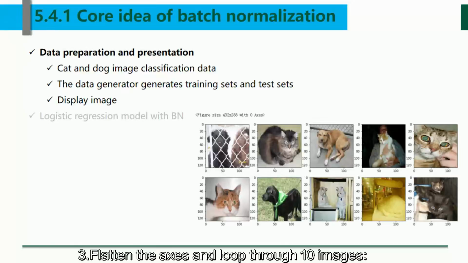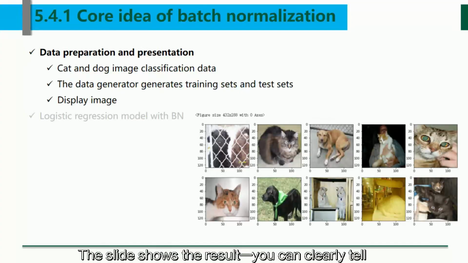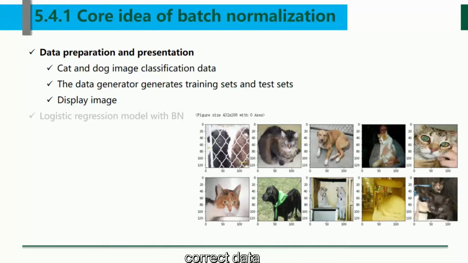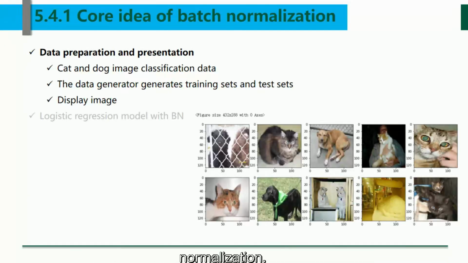Third, flatten the axes and loop through 10 images, ax[i].imshow(x[i]) displays each image. The slide shows the result. You can clearly tell which are cats and which are dogs. This confirms the generator is reading the correct data, so we're ready to build the model with batch normalization.